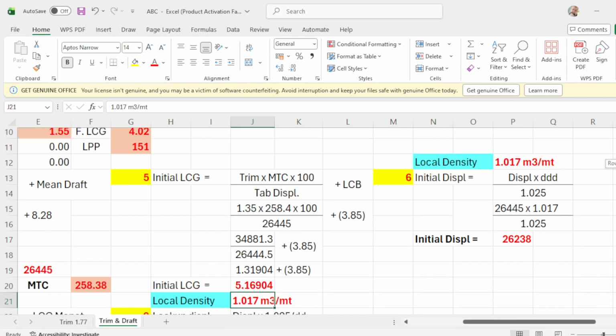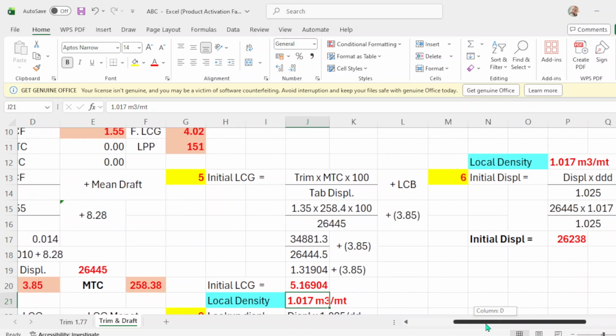This is your local density, right? So what is your displacement? 26445 times your local density of 1.017, okay, which is this one, and over your 1.025 of seawater.